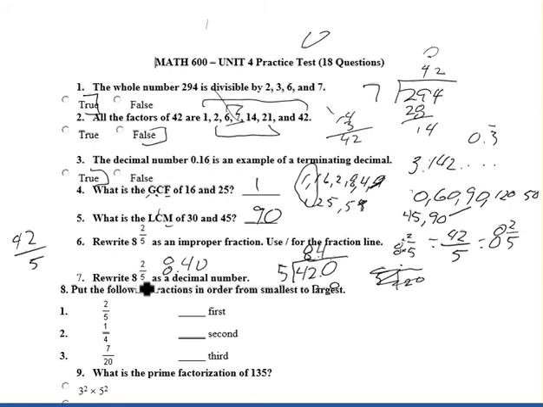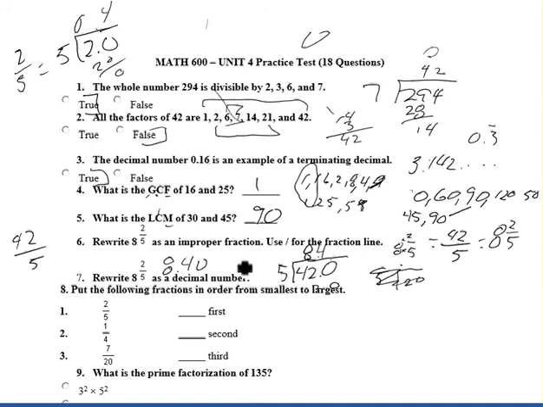Then we had 2 over 5, which is the same as 5 divided into 2. 5 doesn't go into 2, so we put a decimal and a 0, making 2 into 2.0. 5 goes into 20 4 times, 4 times 5 is 20, no remainder. Then we combine the whole number and the number that's less than 1, and we get 8.4.